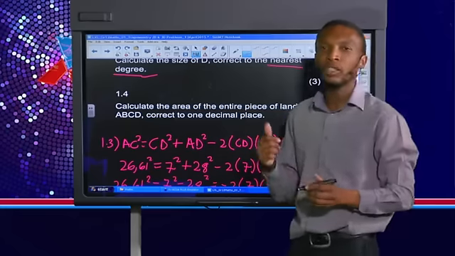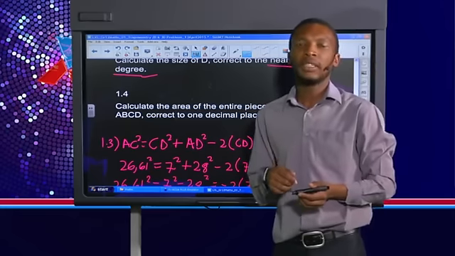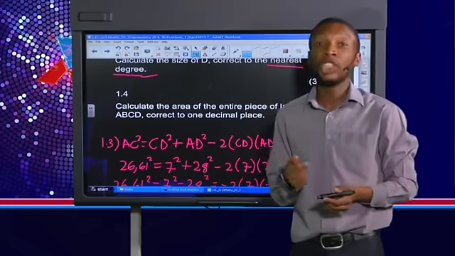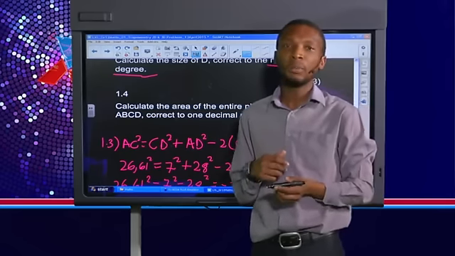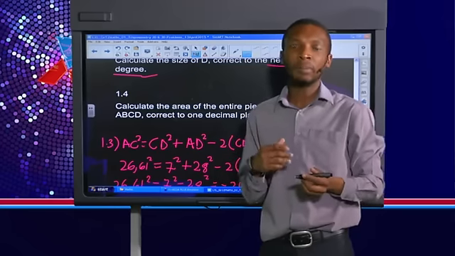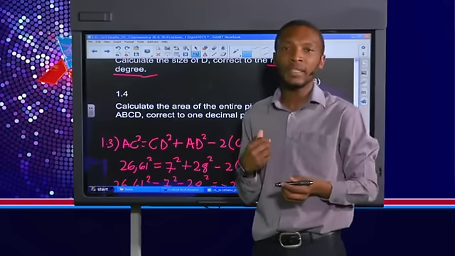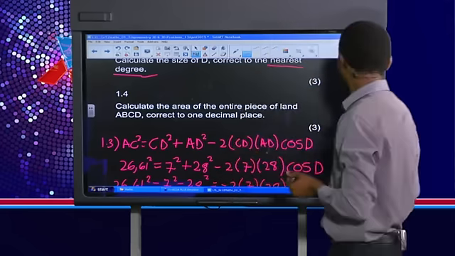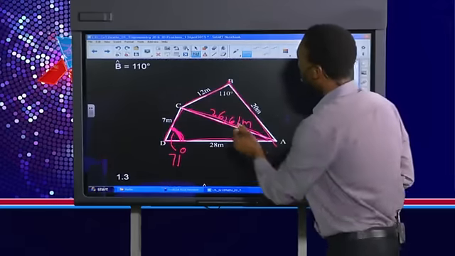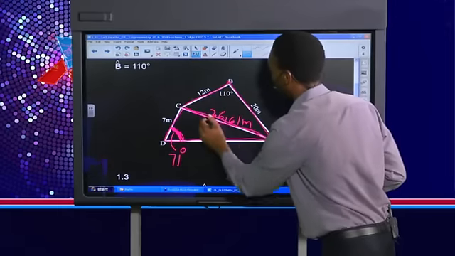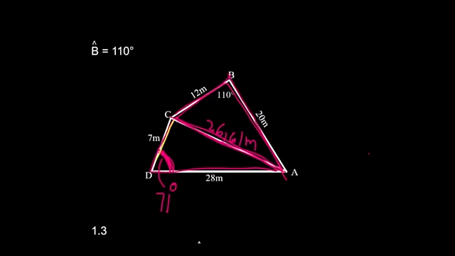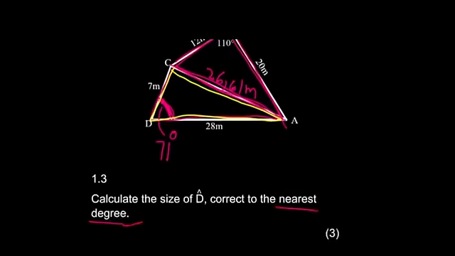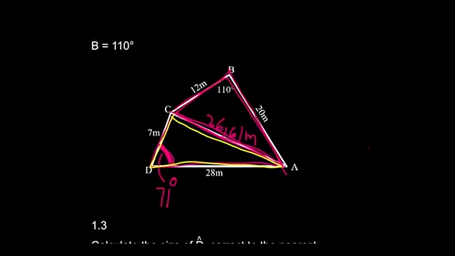Let's think back to our area rule. It said the area of any triangle, not a quadrilateral, it said a triangle. So we need to break our land up into triangles, which has been done for us. We're going to work out the area of this triangle ABC and add it to the area of that triangle ACD. Let's do the top triangle.